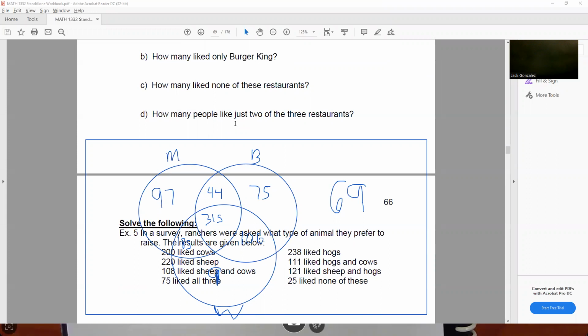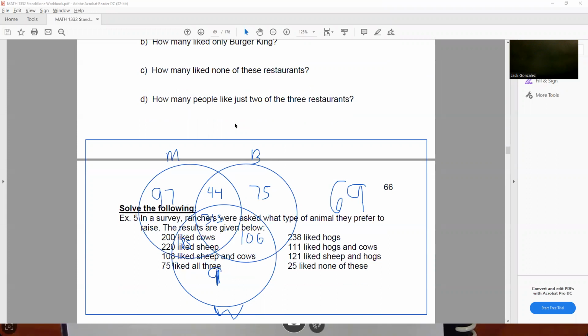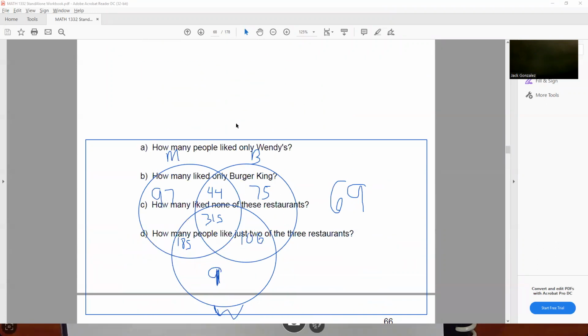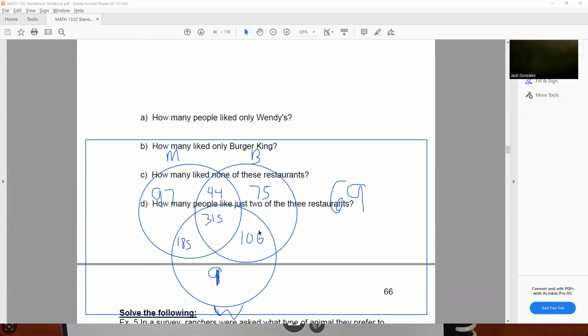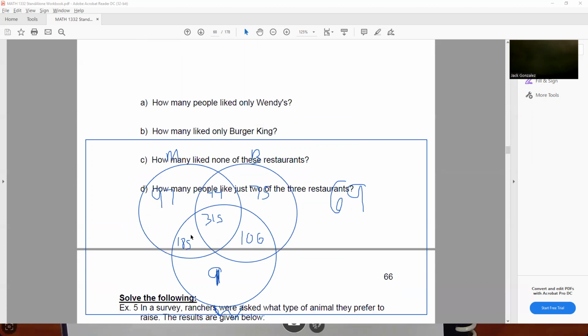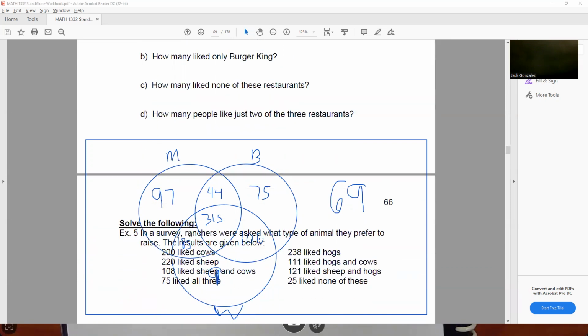How many people like just 2 of the 3 restaurants? I guess that would be 44 plus 106 plus 185, because all those guys liked only 2 of the 3.